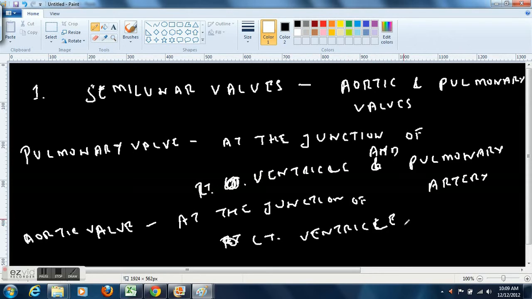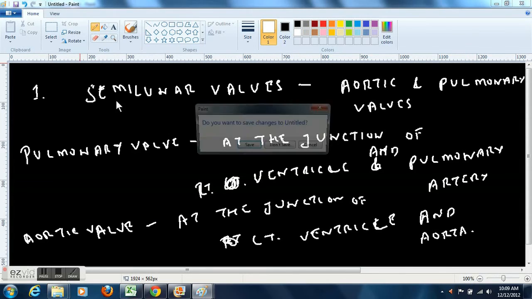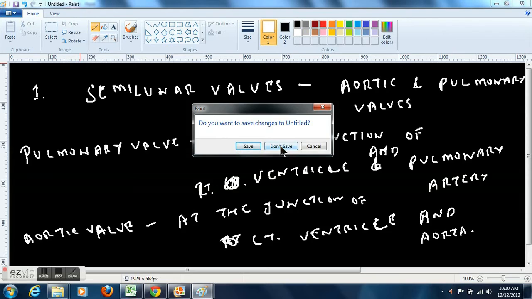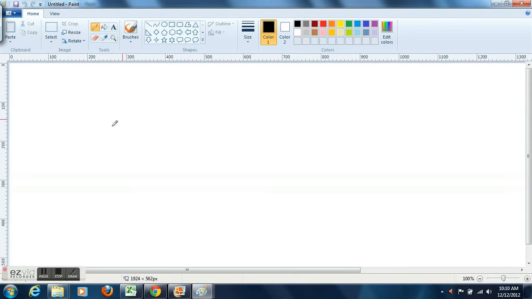So the aortic valve prevents backflow of blood from aorta into left ventricle, and the pulmonary valve prevents backflow of blood from pulmonary artery into right ventricle.